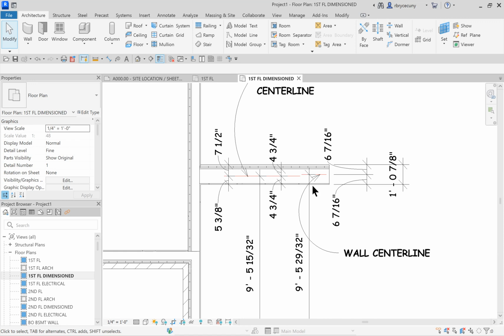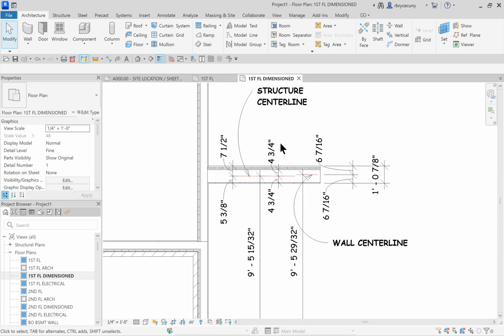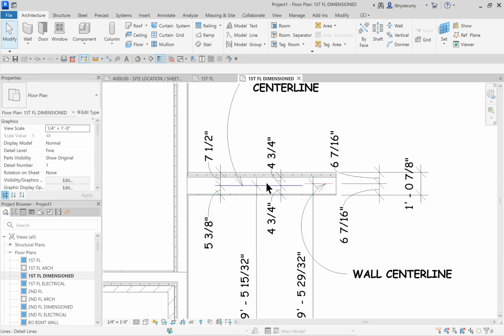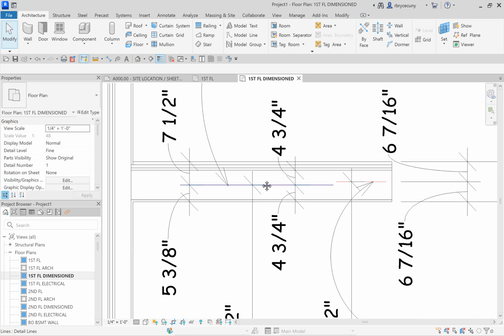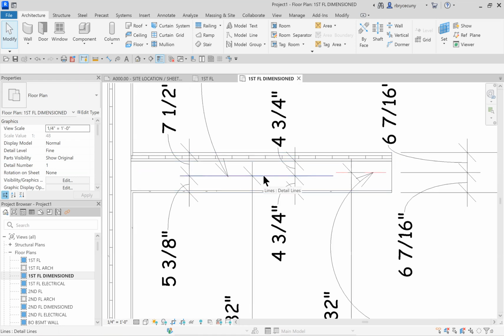That really doesn't help the carpenter anyway. And this is the center of the structure, which is the component that helps the carpenter a little bit more if you tell him or her the center line of the structure. But I simply dimension to the outside face of the wall, and the carpenters figure it out from there.